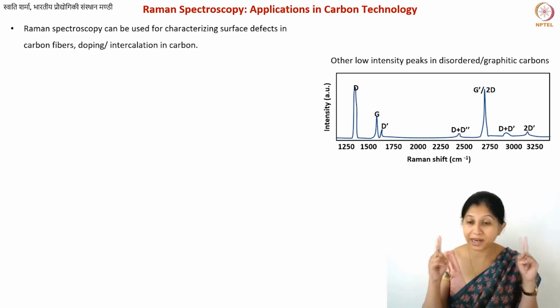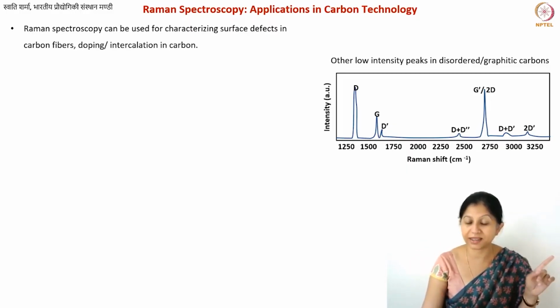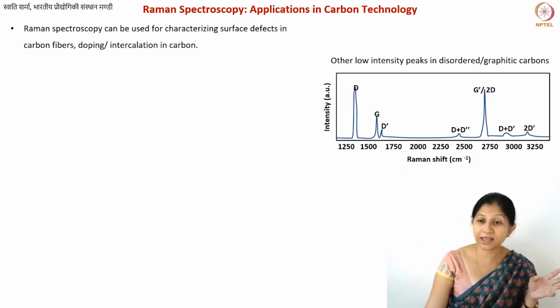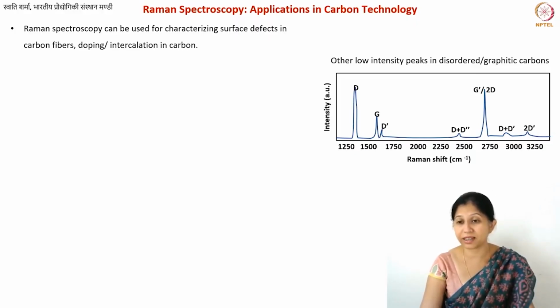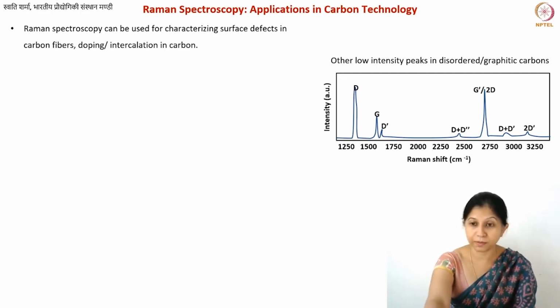So either you need to completely understand the existing defects or the defects that are induced should be completely different from the already present defects. In that case maybe you can understand, otherwise it's difficult. But in the case of pure graphite, definitely you can understand the intercalation compounds very well using Raman spectroscopy.